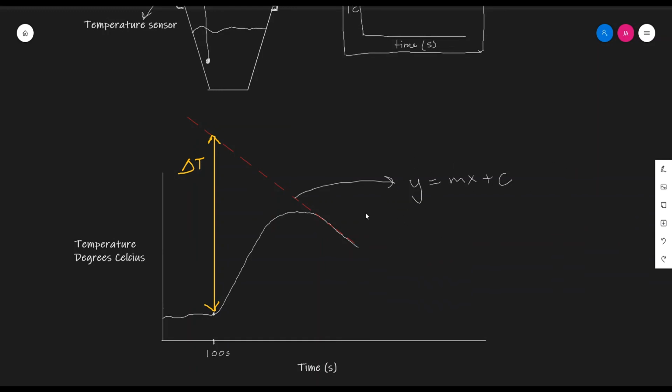Thus, if you were to calculate the heat released by this reaction with no heat loss, I would have to determine the temperature rise as the initial temperature at the initial point of mixing, and the final temperature at the same time of mixing, but on the extrapolated line right here. This is the delta T that would be used to account for heat loss, thus producing a higher enthalpy change of reaction.